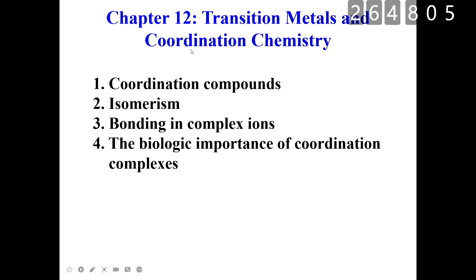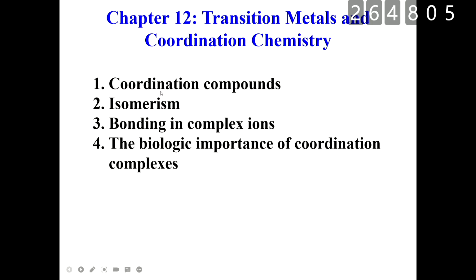Coordination chemistry is very important in chemistry because metals usually tend to form compounds.